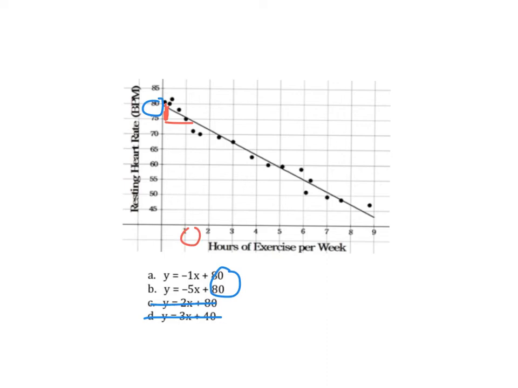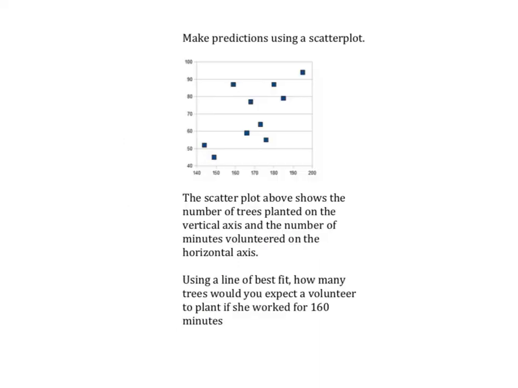A really common mistake would be to just count going down 1 square and then over 1 square, which would be a -1 slope. But we're going down 5. From 80 to 75, we went down 5, and then we went over 1, giving us a -5 slope. So our correct answer here would be letter B.